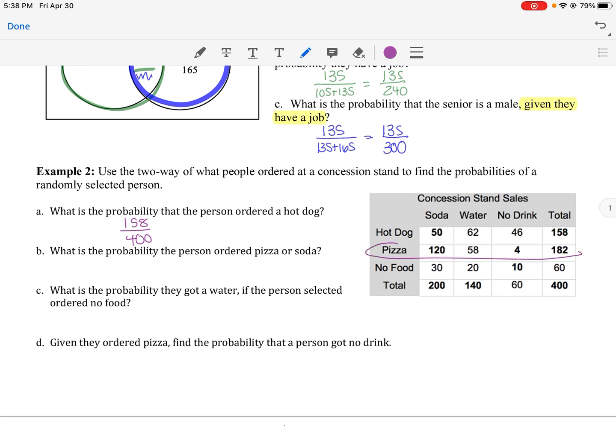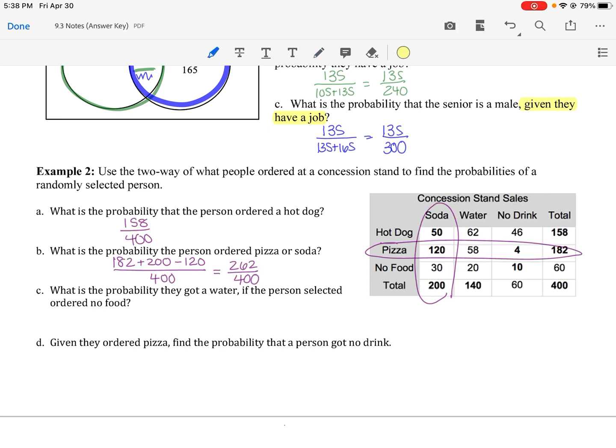Remember that, pizza or soda, it could be either of these two categories. We've got 182 that ordered pizza and 200 that ordered soda, but you have to remember we double counted the 120, so take that off out of the 400. So 182 plus 200 minus 120, we get 262 out of 400.